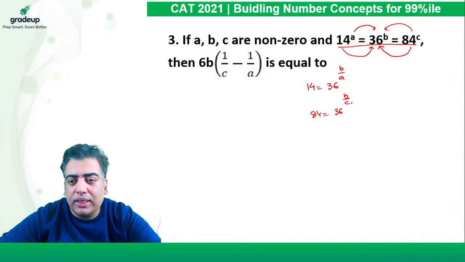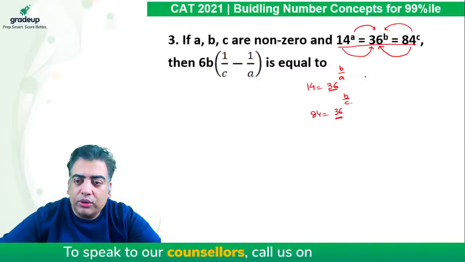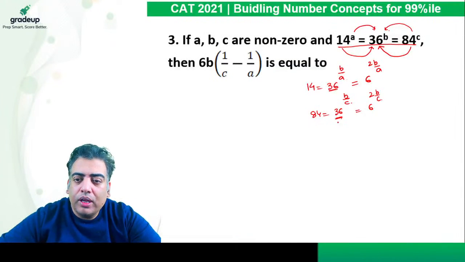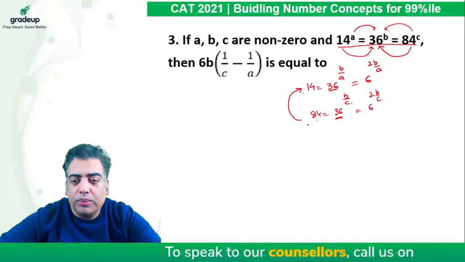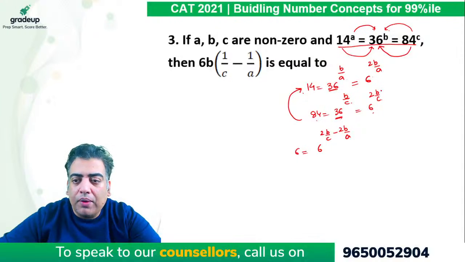Now this 36 can be rewritten as a power of 6. Right, so can I say this is nothing but 6 raised to power 2B upon A, and this is 6 raised to power 2B upon C. On dividing these two, we will get 84 upon 14, which comes out to be 6, equals 6 raised to power 2B upon C minus 2B upon A, because when the base is the same, powers will be subtracted.